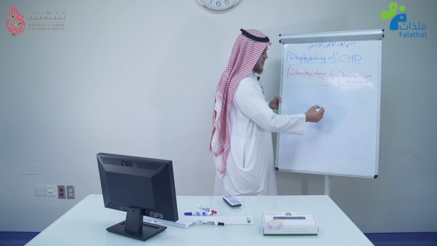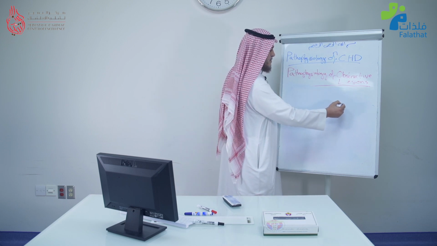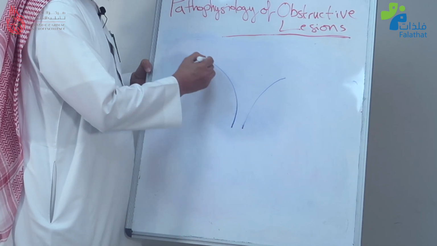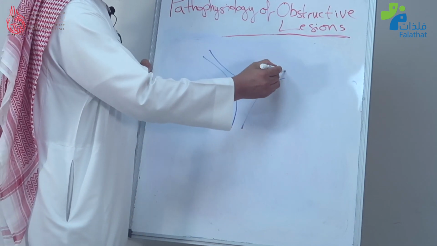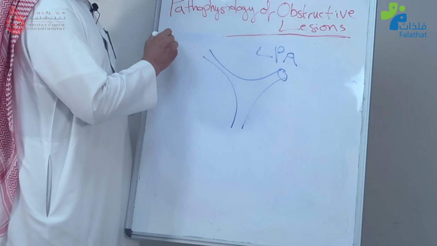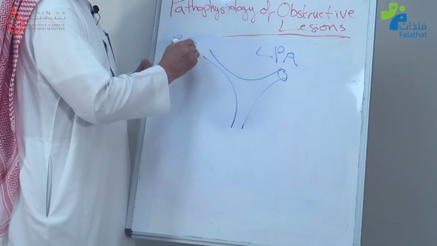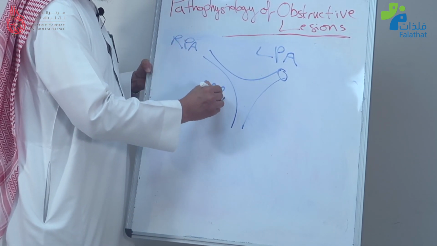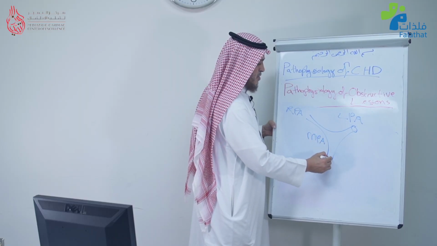So if this is the pulmonary artery tree, this is the left pulmonary artery, the right pulmonary artery, the main pulmonary artery, MPA, and the pulmonary valve.